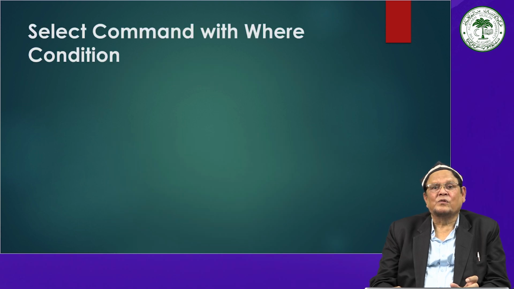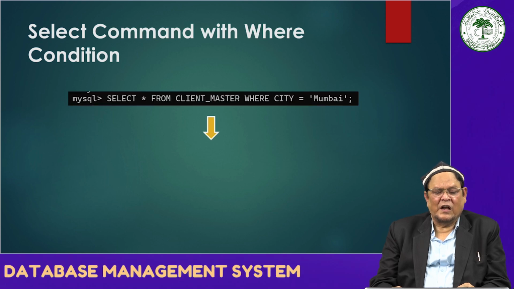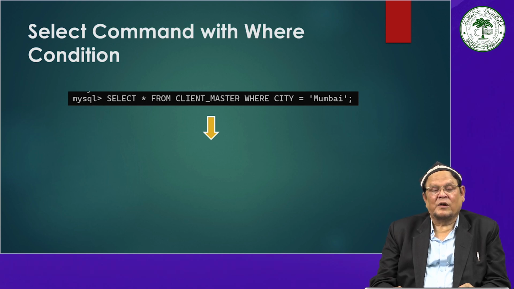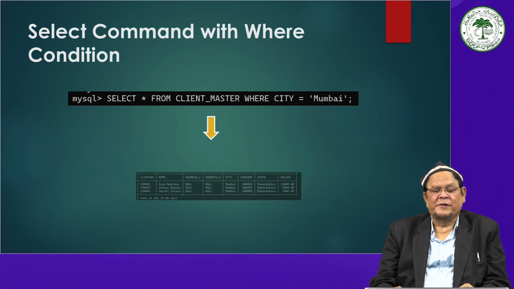Now, for particular rows with a condition, you can say with a condition like that: select star from client master where city is Bombay. Suppose you want to see the clients who are living in Bombay. For that, you have to write select star from client master where city is Bombay.